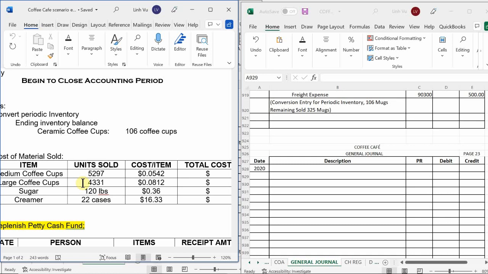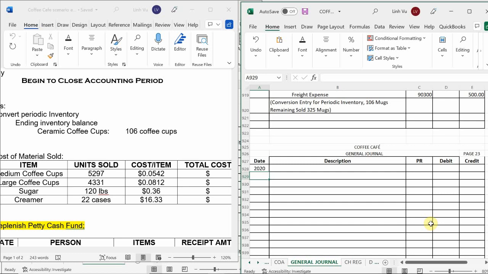When we purchased those coffee cups, they were 5 cents each for the medium and 7.5 cents each for the large. But we also have to distribute the tax on that, so it's already pre-calculated for you. All you have to do is figure out what those numbers are, and we're going to do our calculations right in our Excel sheet here so we can find out.